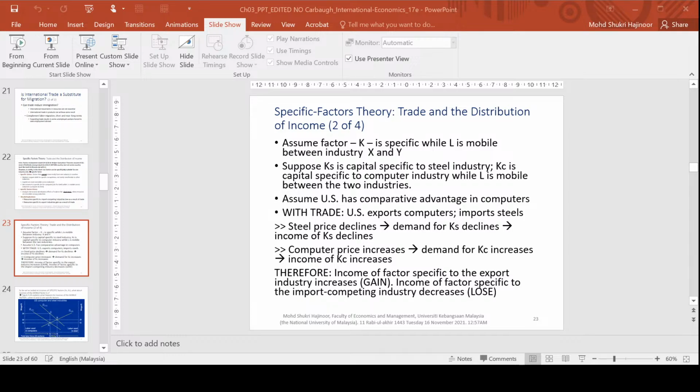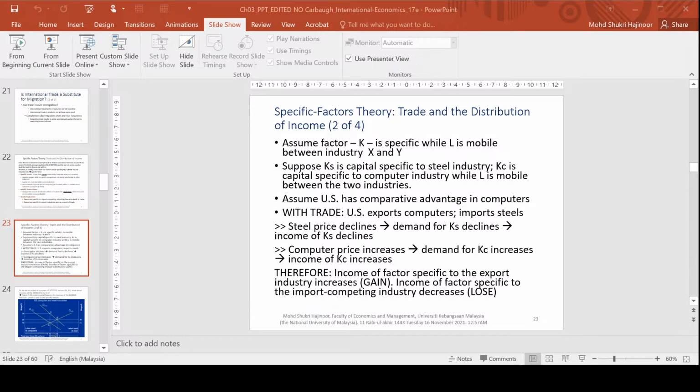So, conclusion: the factor specific to the exporting industry, which is computers, will gain. The factor specific to the import-competing industry, which is steel, will lose. The mobile factor, on the other hand, L, will gain or lose. It is ambiguous. It's not that we're not sure; we cannot say right away.